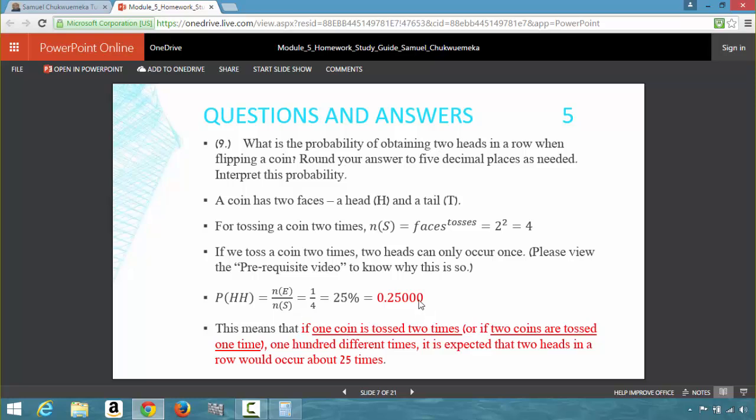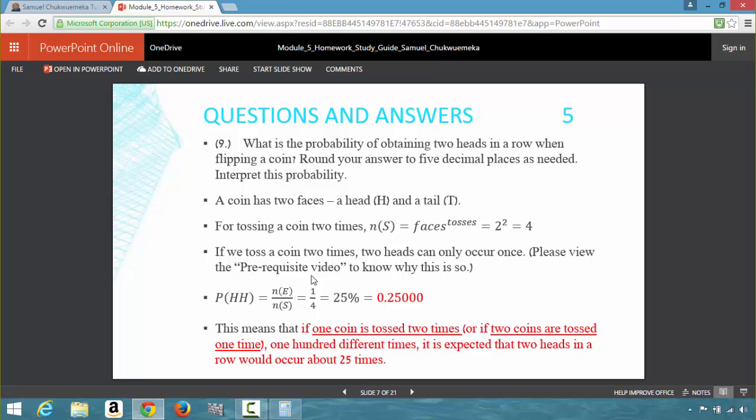Do you understand? And what does this probability mean? It means that if you toss a coin 2 times, it is the same thing as saying tossing 2 coins 1 time. It is the same thing. In case you see another question that says 2 coins were tossed 1 time, it is the same sample space.